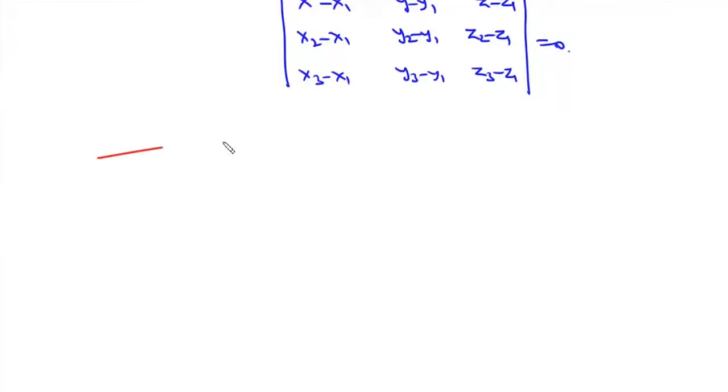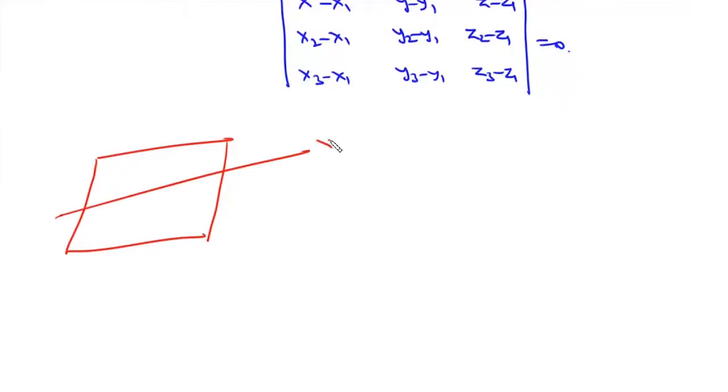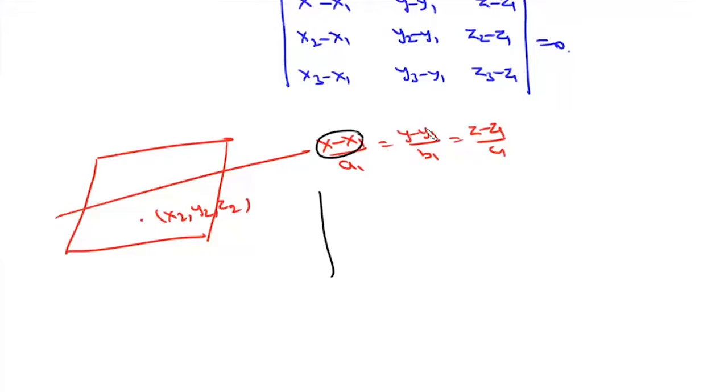Another question could be, we need to find the equation of a plane containing a given line, which is say (x minus x1) upon a1, (y minus y1) upon b1, and (z minus z1) upon c1, and we are given a point in the plane, say x2, y2, and z2. Now we can write this equation using this point or the other point.